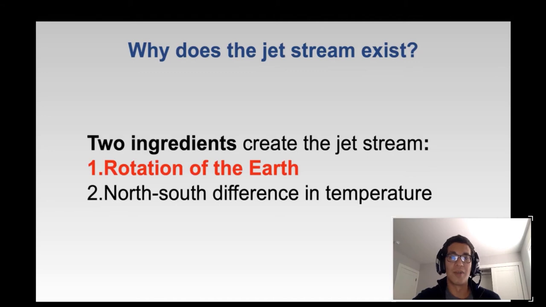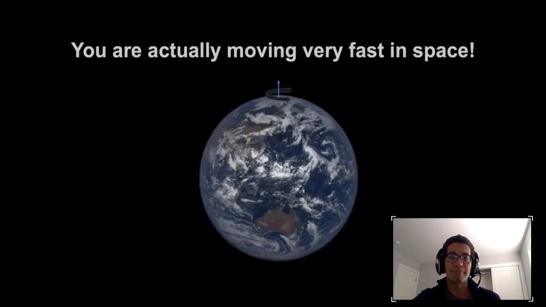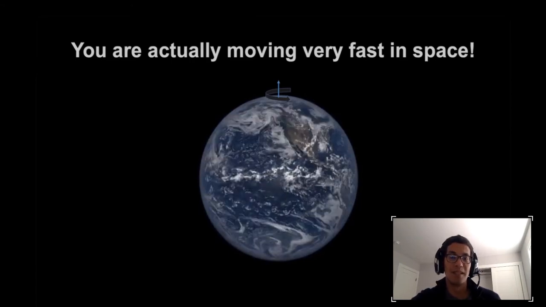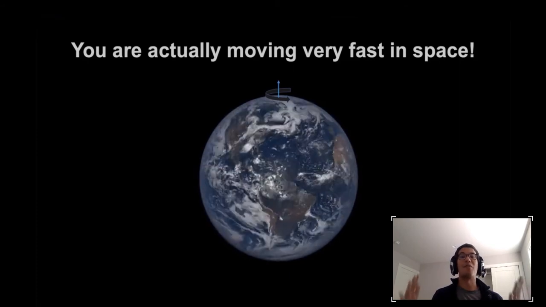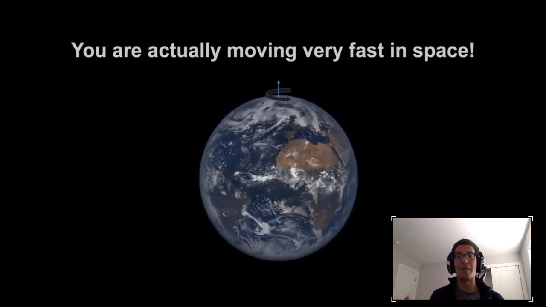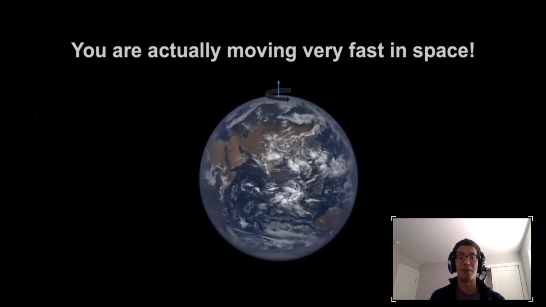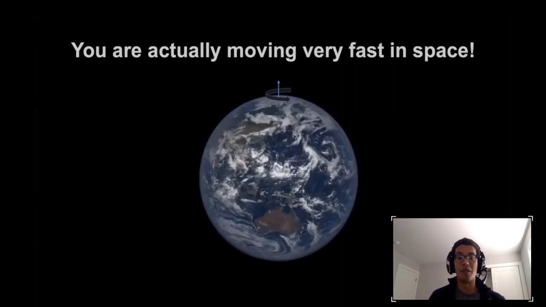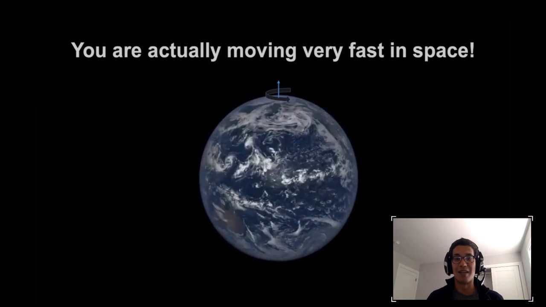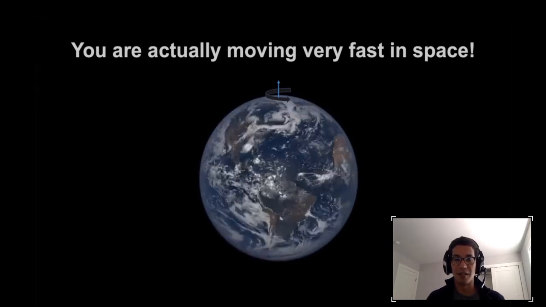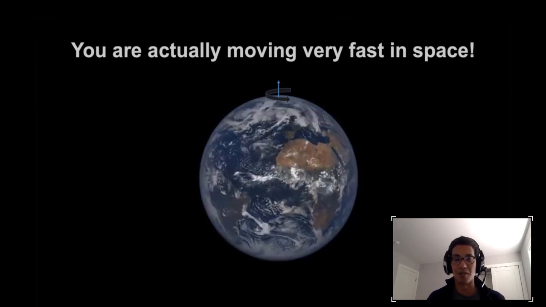So let's start with the rotation of the Earth. The thing you may not realize is that right now you are actually moving incredibly fast in space, unless you're standing on the North Pole right now, which I'm assuming you're not, or the South Pole. This is a view from space if you were looking down at Earth, spinning about 1 day every second, or I guess spinning around every second, which is equivalent to 1 day.